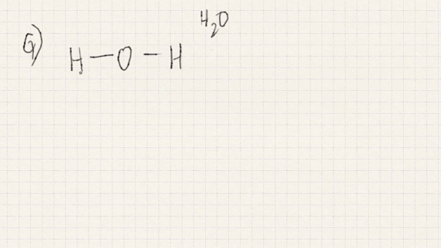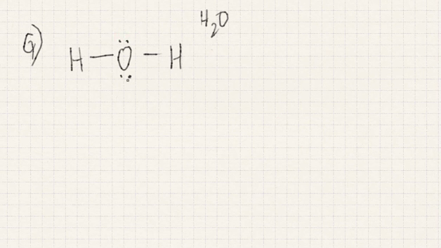So each of the hydrogens are happy, they have their 2 electrons, and then oxygen has to have 8, it's octet, so 1, 2, 3, 4, 5, 6, 7, 8, and the number of valence electrons is correct, so this has a formal charge of 0.